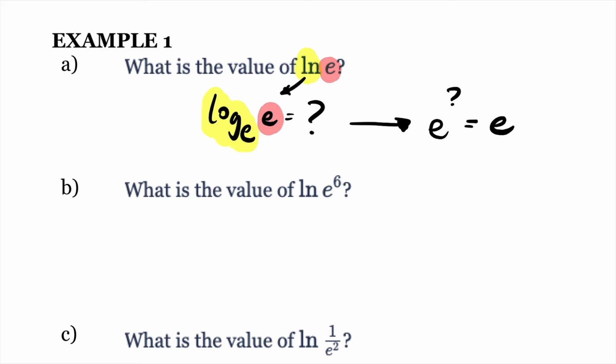That's what this question is asking. So what power is it going to be? E to what power makes e? Not zero, because that would make it a one. If this was a one, you'd be right. If you just want it to stay the same, the power is always going to be one.